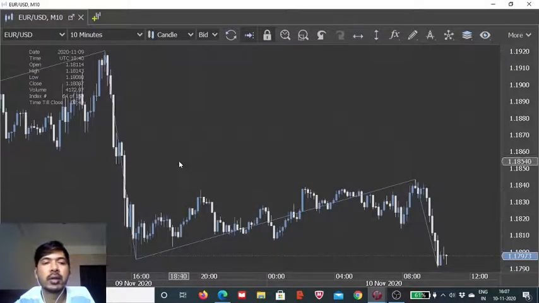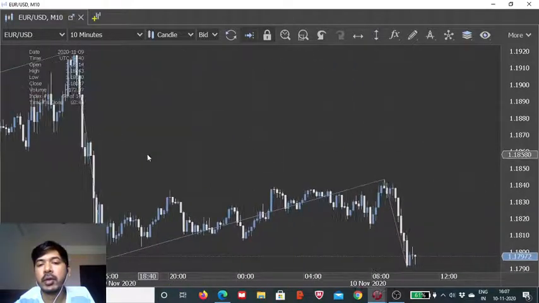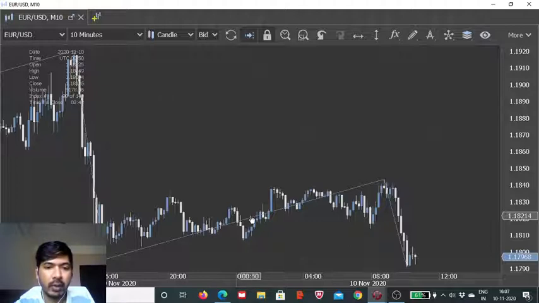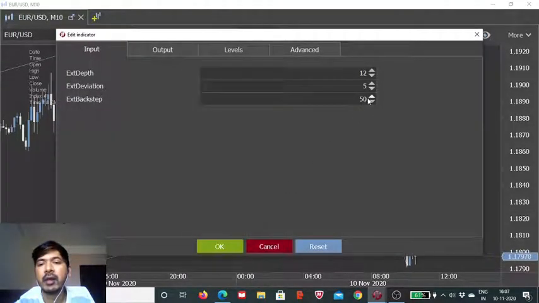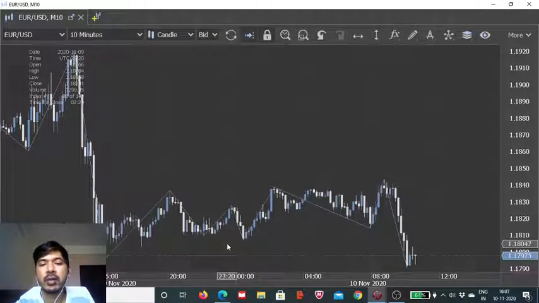So now this is the Euro USD's 10 minute chart, and the input parameters have been changed for the zigzag indicator. And if I again restore it to 3, we will see a lot more difference in the plotting of this zigzag indicator.